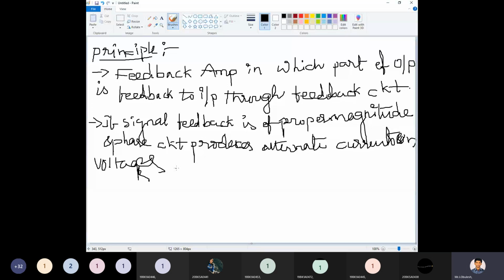If the signal fed back is of proper magnitude and phase, it produces alternating currents or voltages. We need to see the oscillator block diagram.